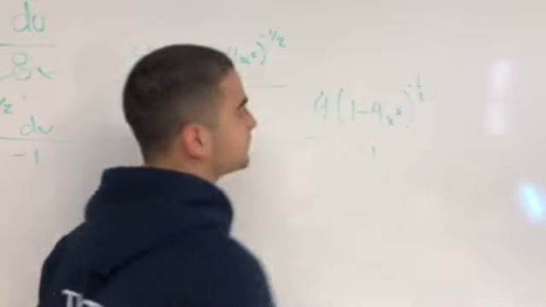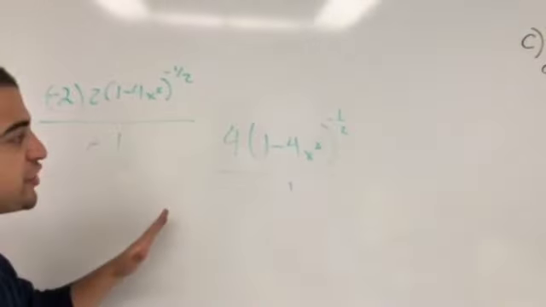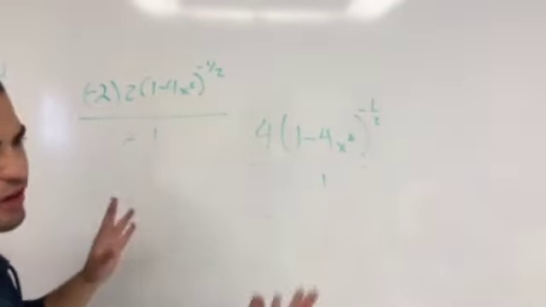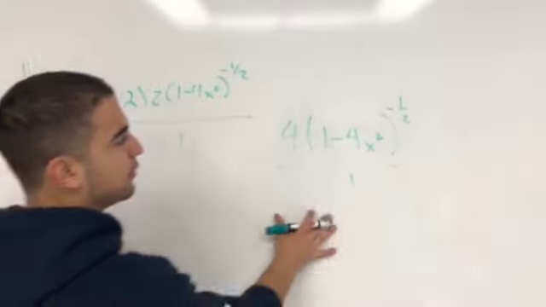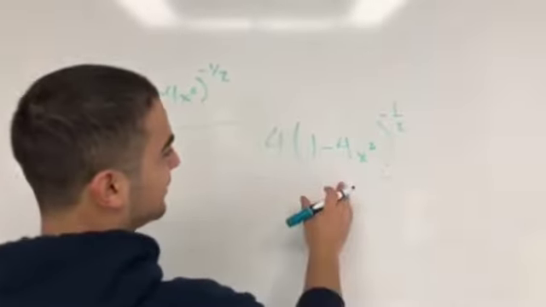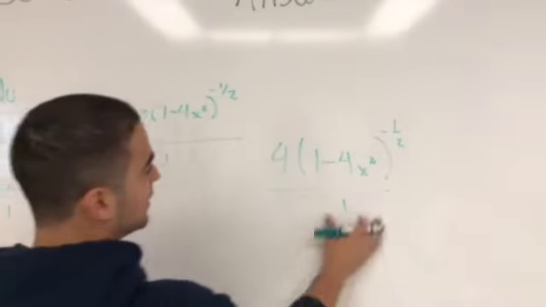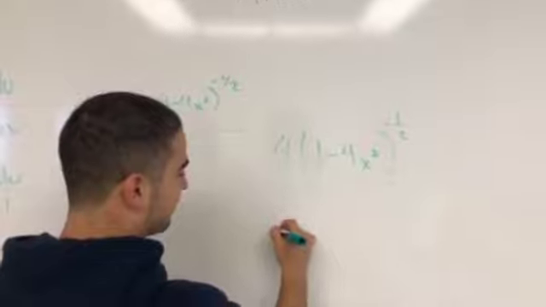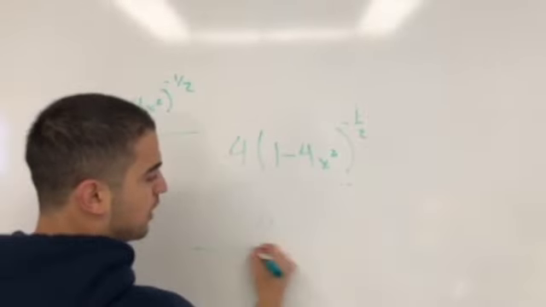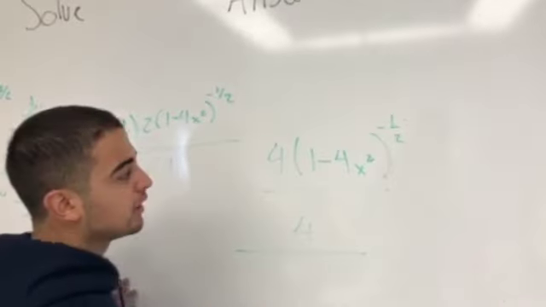So we have the 4, we have the binomial, all over 1. Now to finish up, we're going to simplify the answer, and then put the binomial where it's supposed to be. So we have 4 on top, and we lower the binomial because it's raised to a negative number.